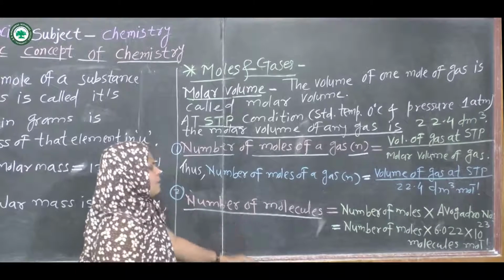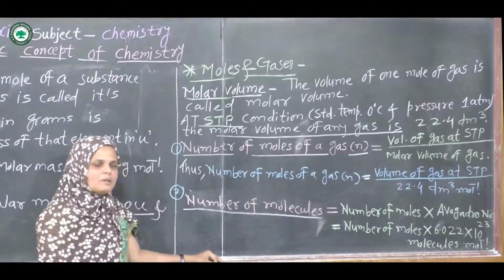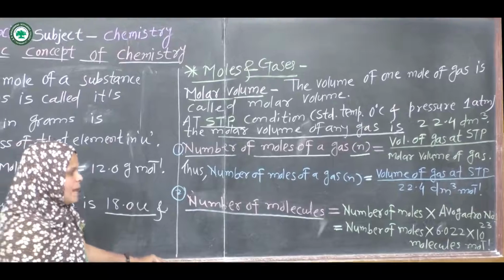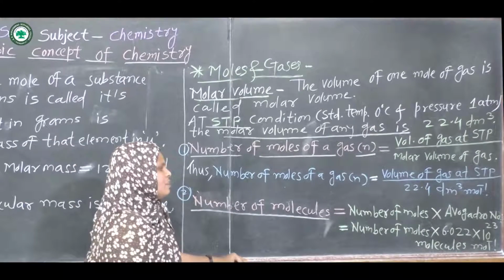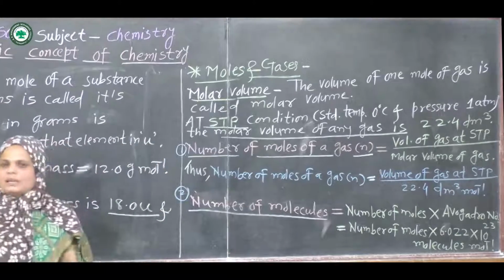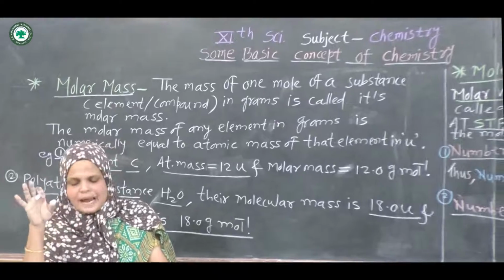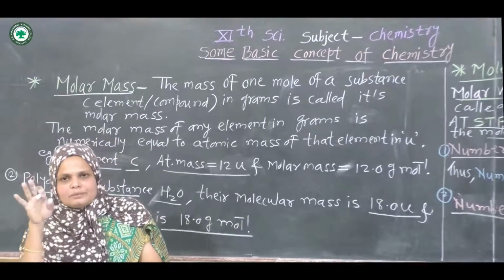The number of molecules can be calculated as number of moles multiplied by 6.022 × 10²³ molecules per mole. So we note that we stop here.